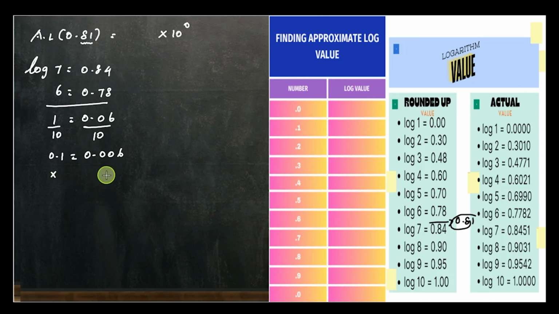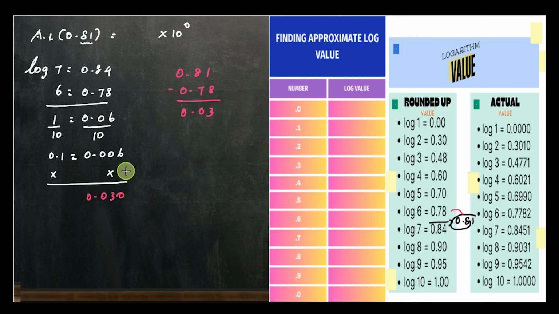Then I need to find the suitable integer. To get that number, I have to find the difference between these two numbers. So here I have 0.81 minus 0.78. The difference I will be getting is 0.03. Right. So write this difference as it is.